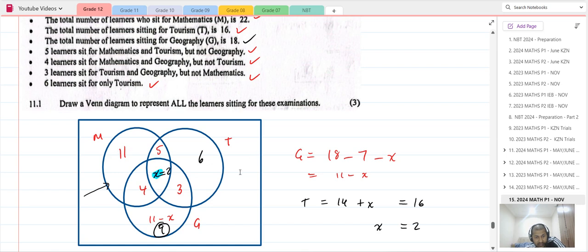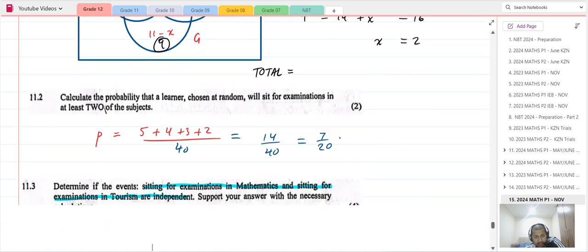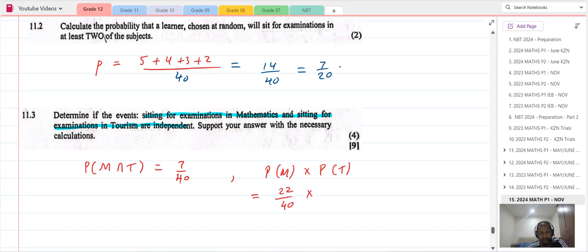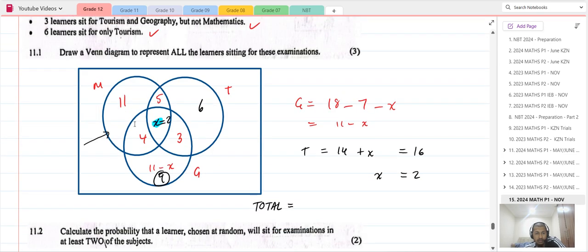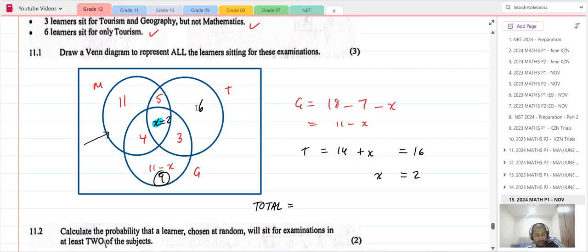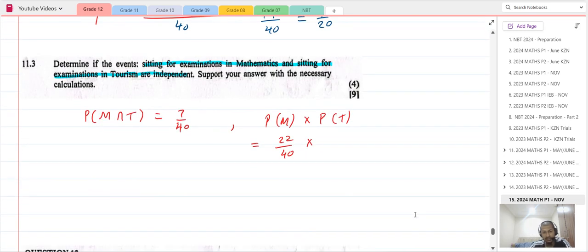Mathematics and tourism is 7 out of 40, and what's the probability of mathematics times the probability of tourism? That's 22 out of 40 times tourism. What was tourism total? 16. Yeah, 16 out of 40.